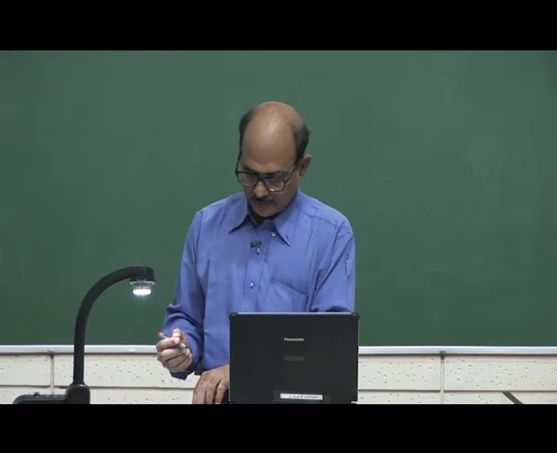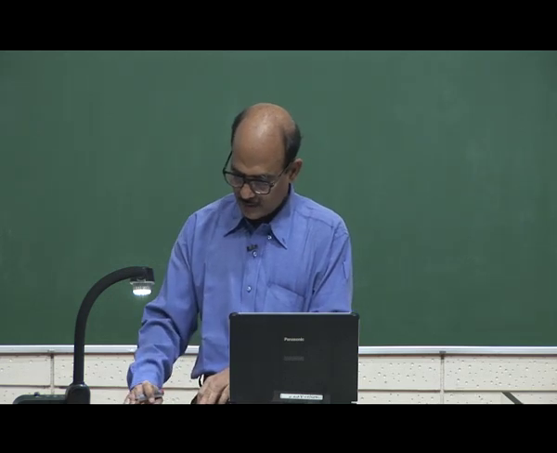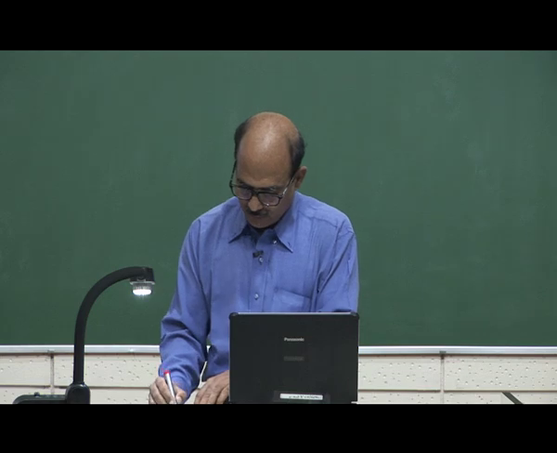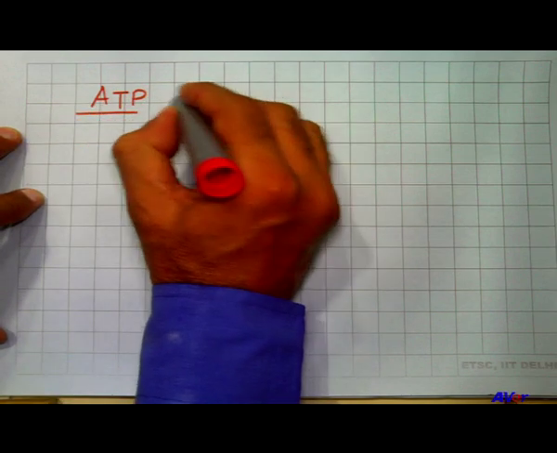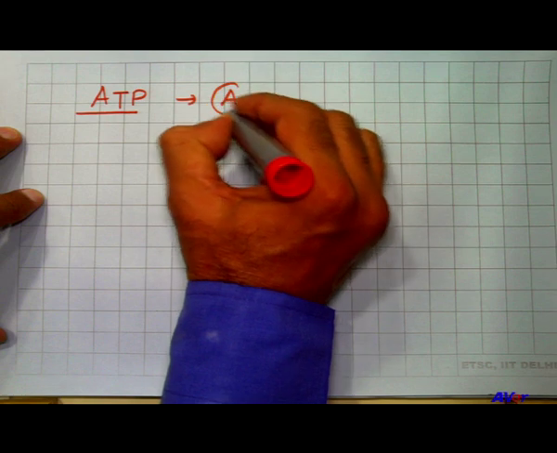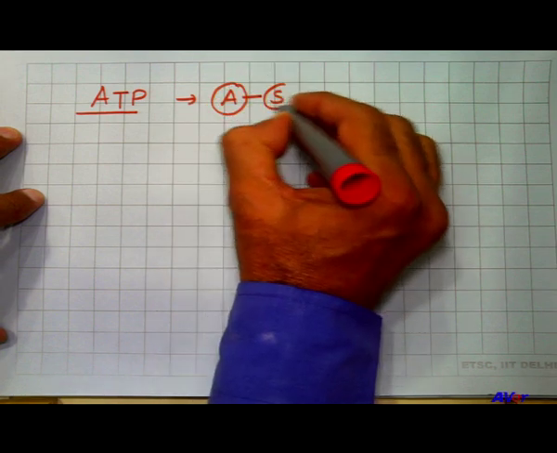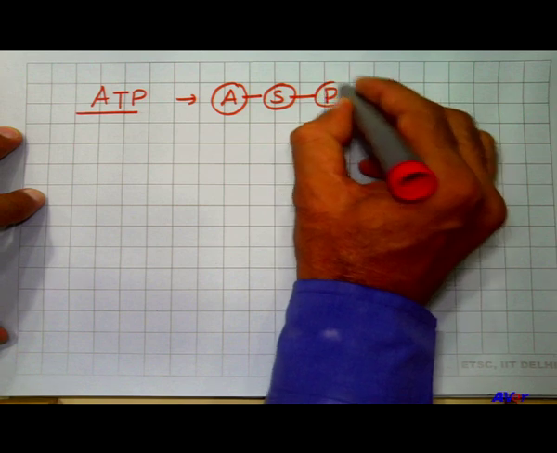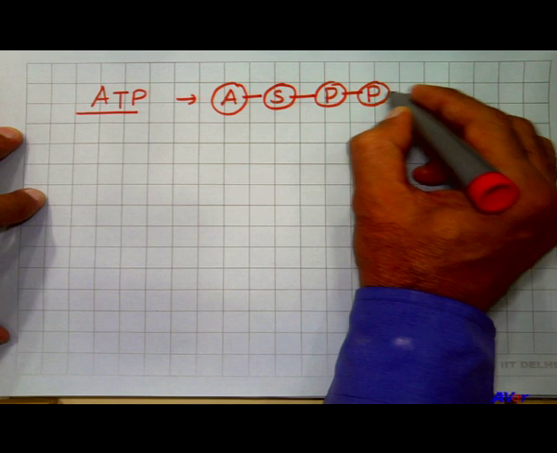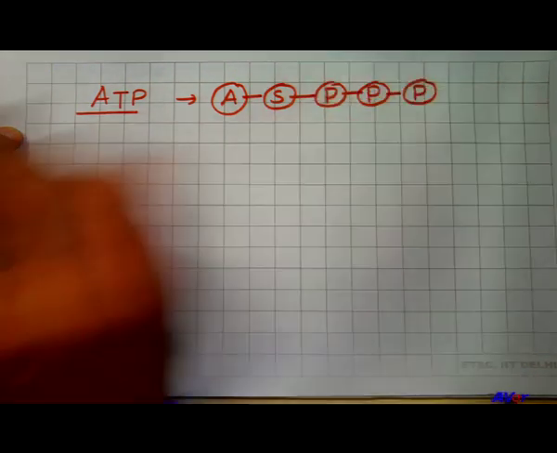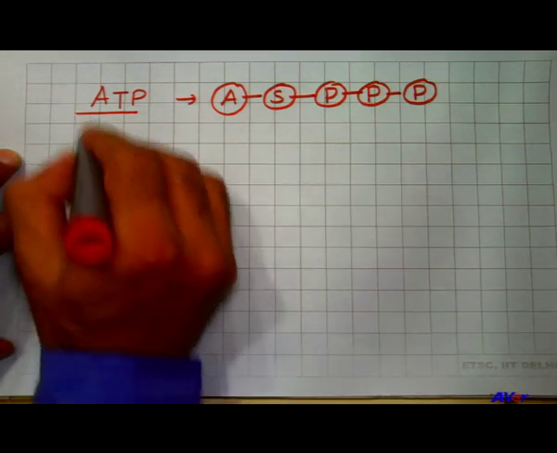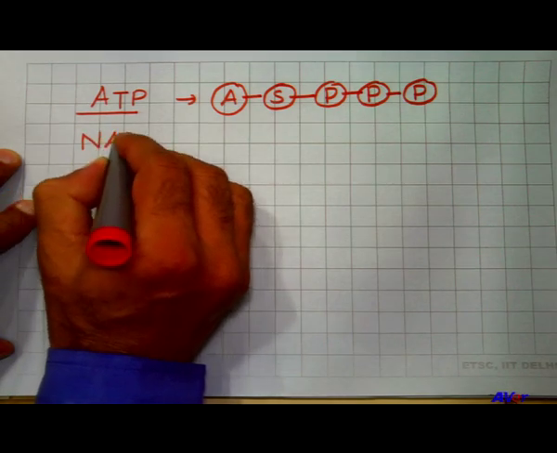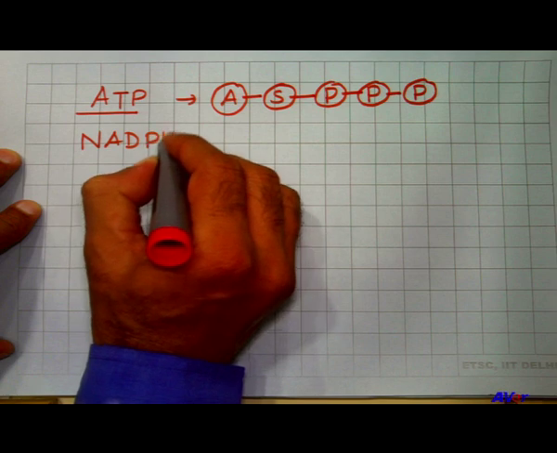Yesterday, I discussed that during the light phase, that is phosphorylation, it forms ATP, adenosine triphosphate, that means adenine, sugar and 3 phosphate molecules, and NADPH2.